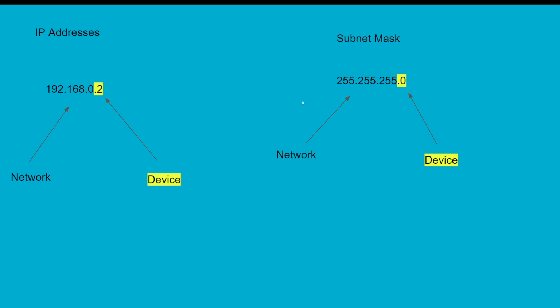On Apple phones, if you click the info button on your Wi-Fi network, you can see the IP address and subnet mask and how it's set up. This will be the format for most home networks. It may be different in a different environment, but this is a home network setup.